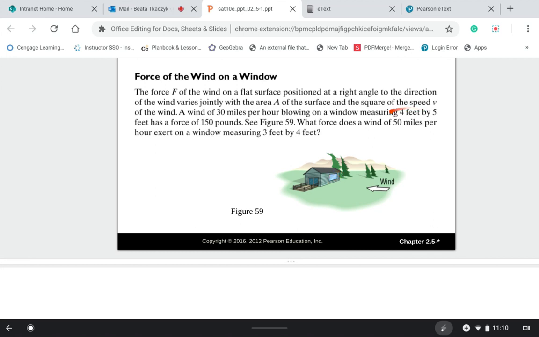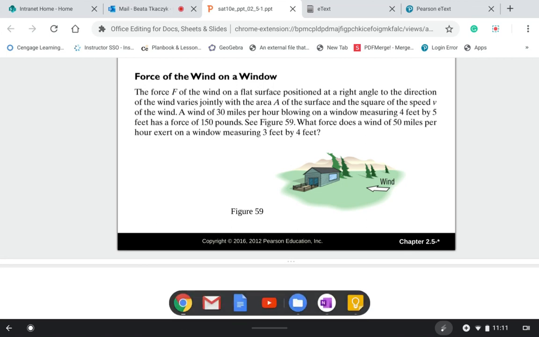So that information will help us to find the area of the window, which will be 4 times 5, which will be 20 square feet, has a force of 150 pounds. So we know F is equal 150. Area of the window is 4 by 5, so we'll multiply, that will be 20. And we know that the speed of the wind is 30. So let's use that information to find k.